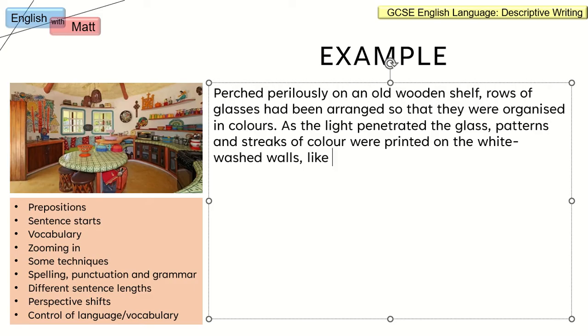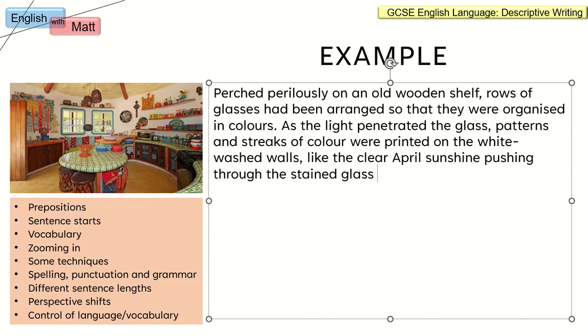So let's say like the clear April sunshine pushing through the stained glass windows of an old church. Got a simile in there. As the light penetrated the glass, patterns and streaks of colour were printed on the whitewashed walls, like the clear April sunshine pushing through the stained glass windows of an old church.